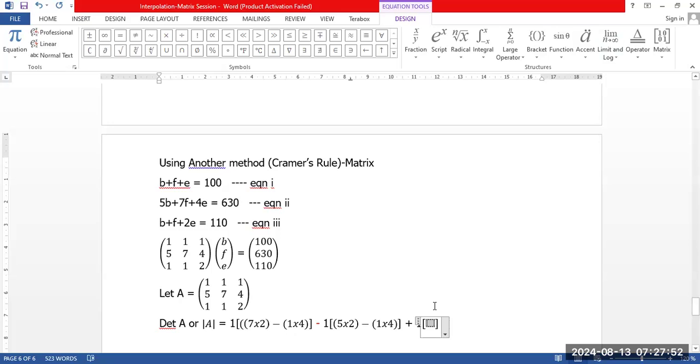Now what are we hiding? This is where 1 is. We are hiding 4 and 2. So we will be getting 5 times what? 5 times 1 minus, open the bracket, 1 times 1 times 7.